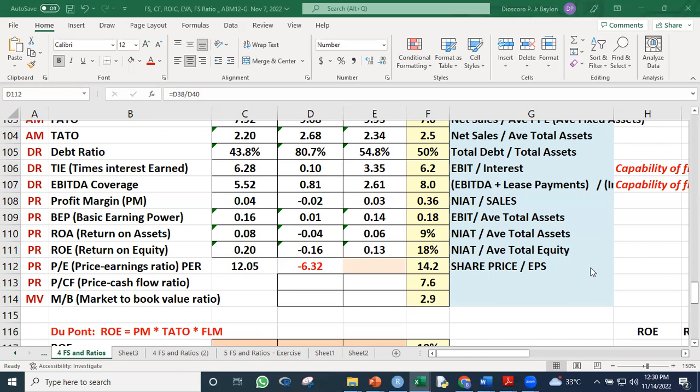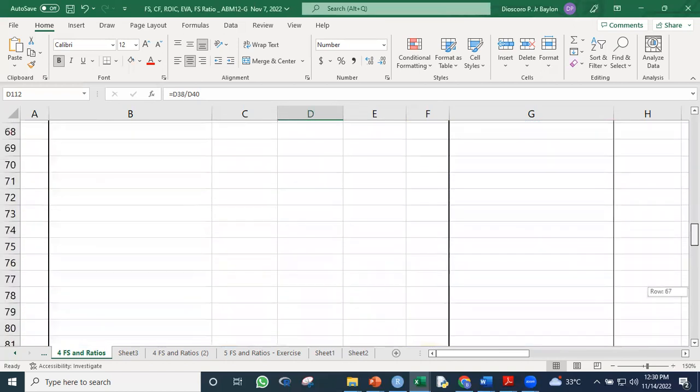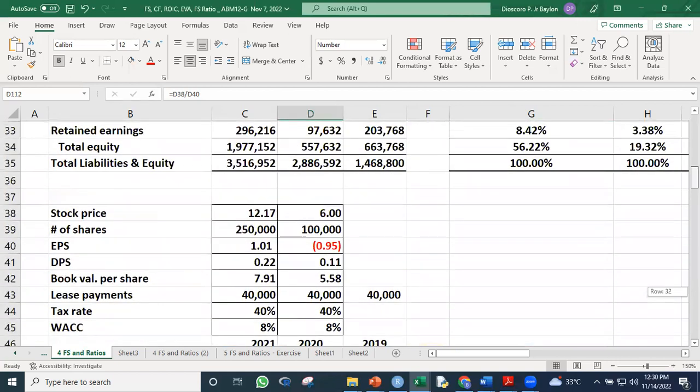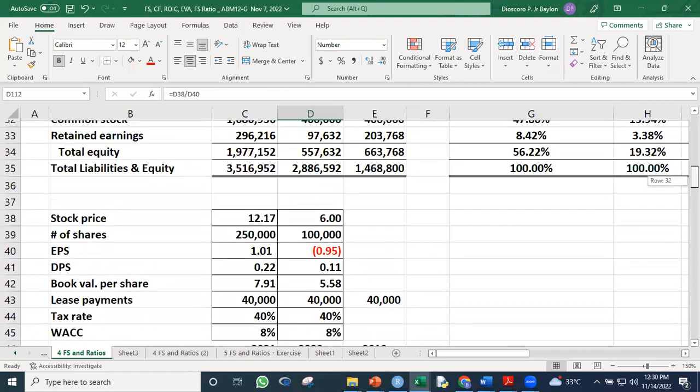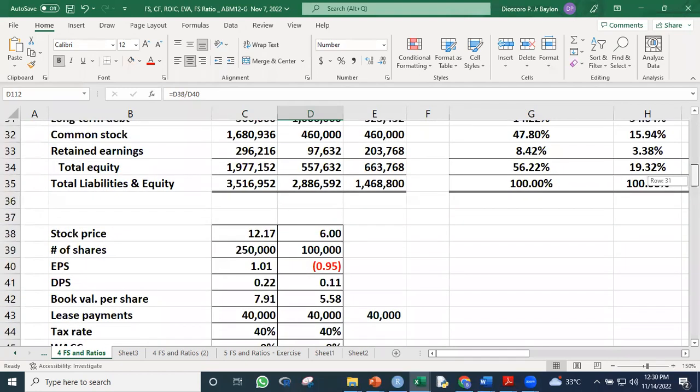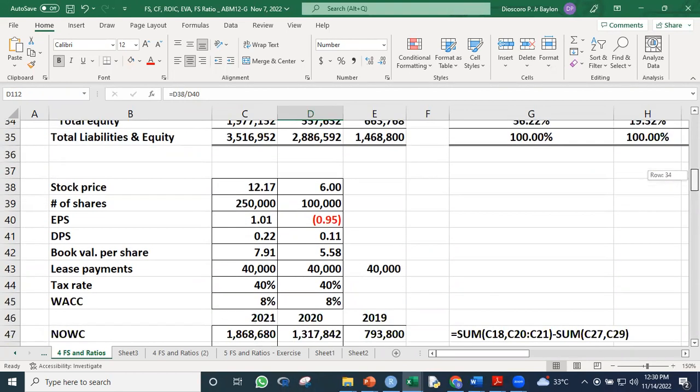All right. So here in price to cash flow, I think the cash flow per share was given to us. So cash flow per share is just your net cash flow. Okay, the cash flow per share was not given.